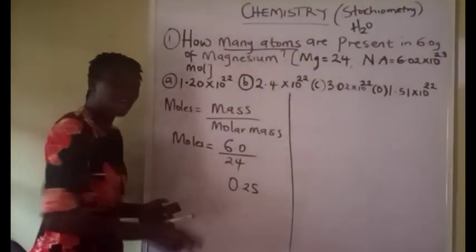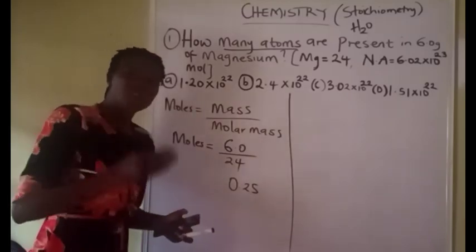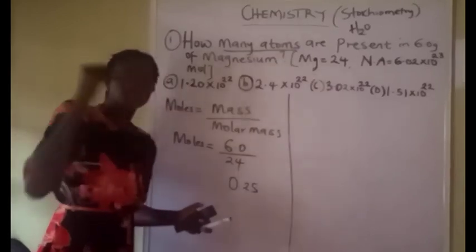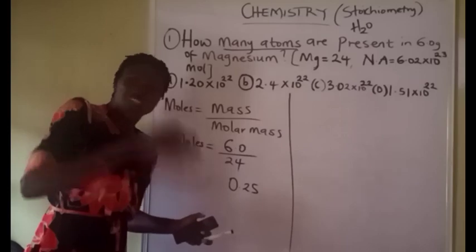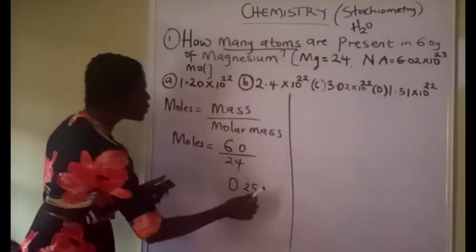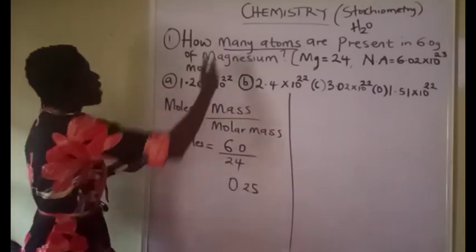And what is Avogadro's constant? It simply means the number of atoms, molecules, and particles in one mole of a substance. You understand? So we have 0.25 now. What do we do next to get our number of atoms?